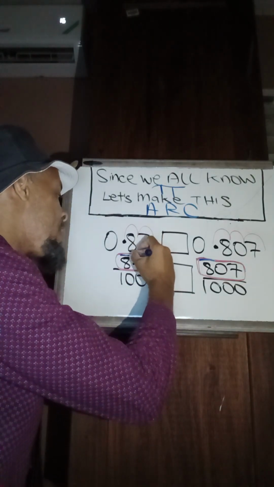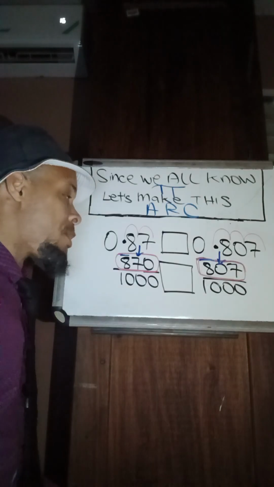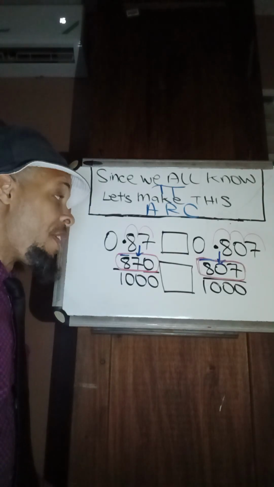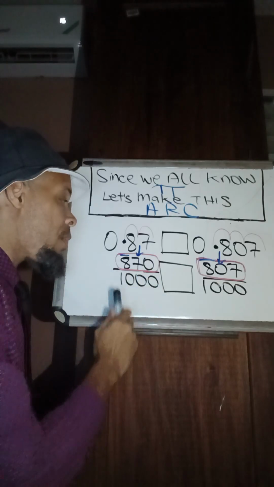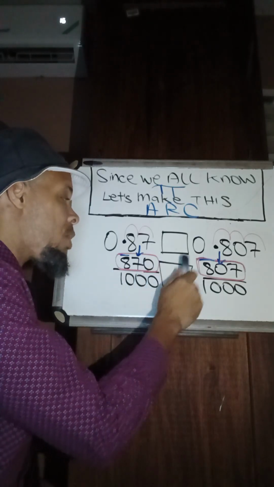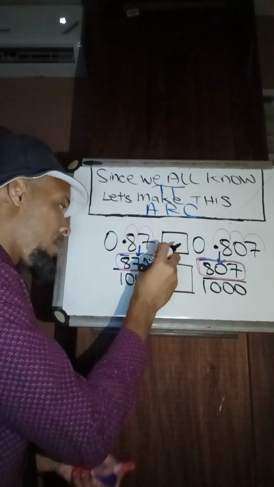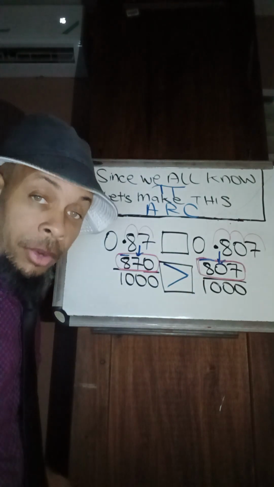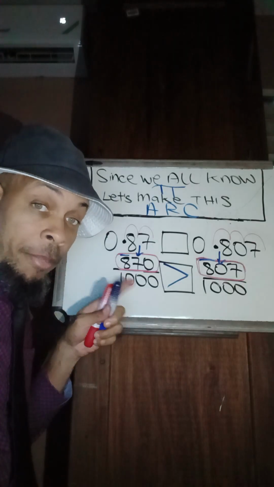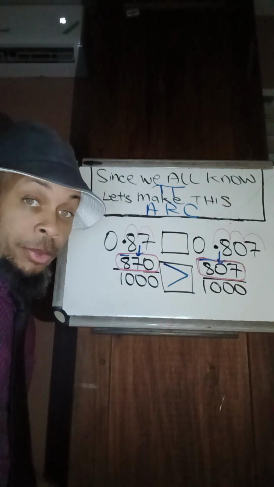However, 7 in the tens place is more than 0 in the tens place. And therefore, I am 870, I am a certain amount greater than you. I am pointing at you to tell you I am greater than you.